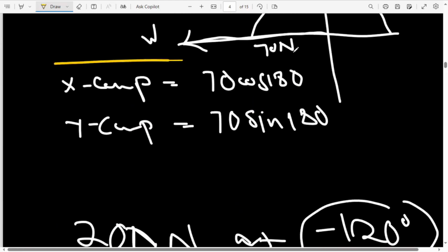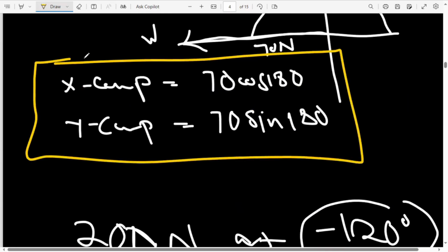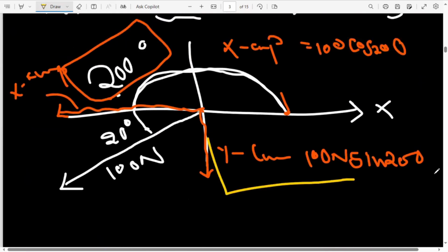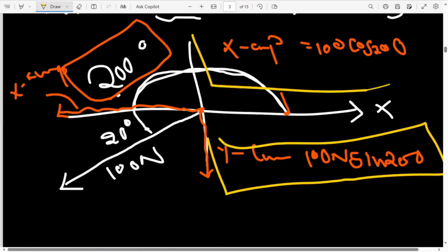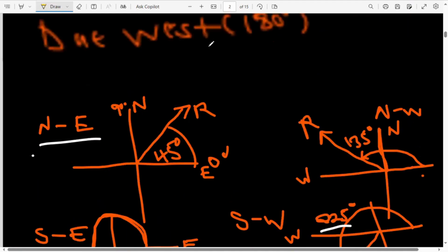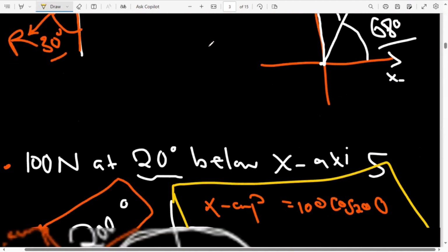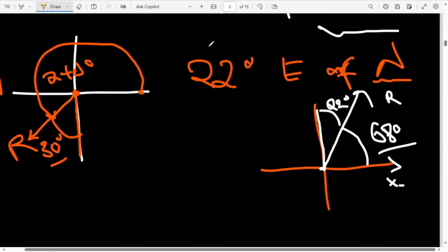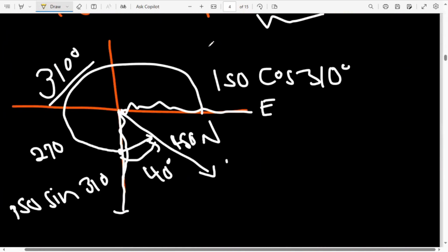Okay, so we're going to be using this to find the resultant. Where we're going to be using this for this one. Then for this one, we are going to be using this and this one. Okay, and then for the other one, where is it now? Okay, I think maybe I did see the other one.